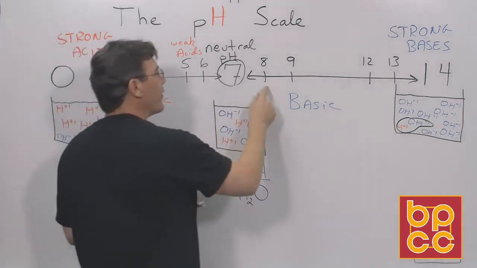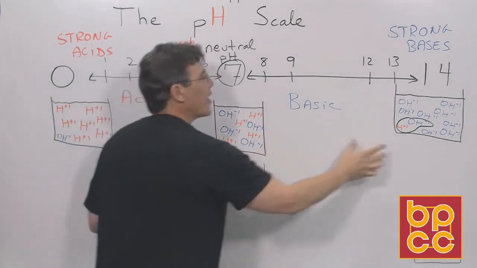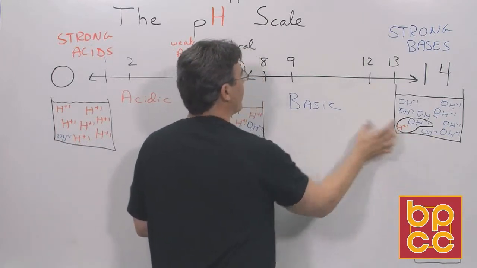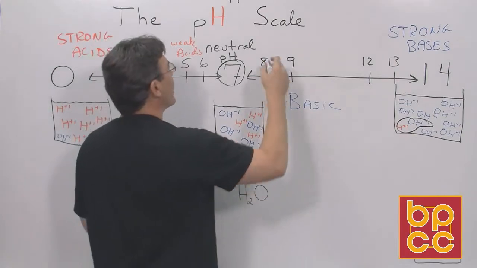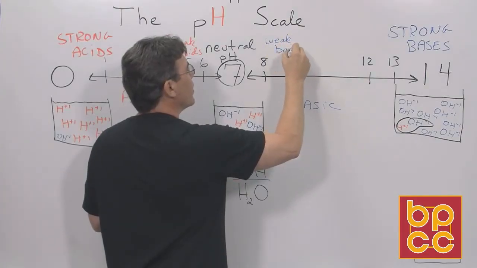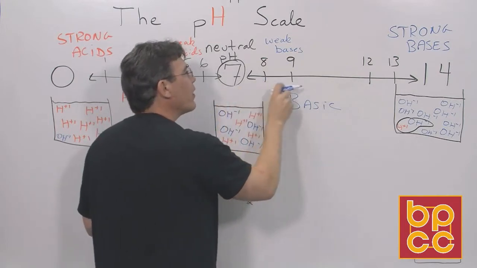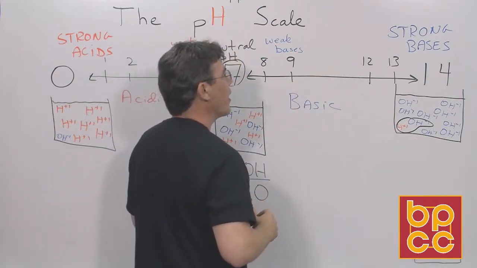And on the other side of 7, pHs 8 and 9, well, that's on the basic side, but not way up here at the strong base end. These would be weak bases. So we can see the higher the number on the pH scale that we go, the stronger the base that we're encountering.